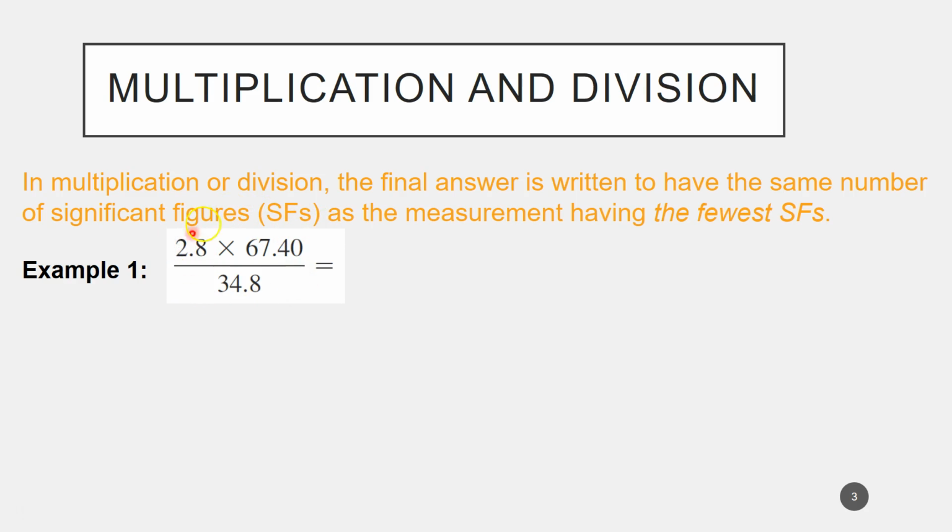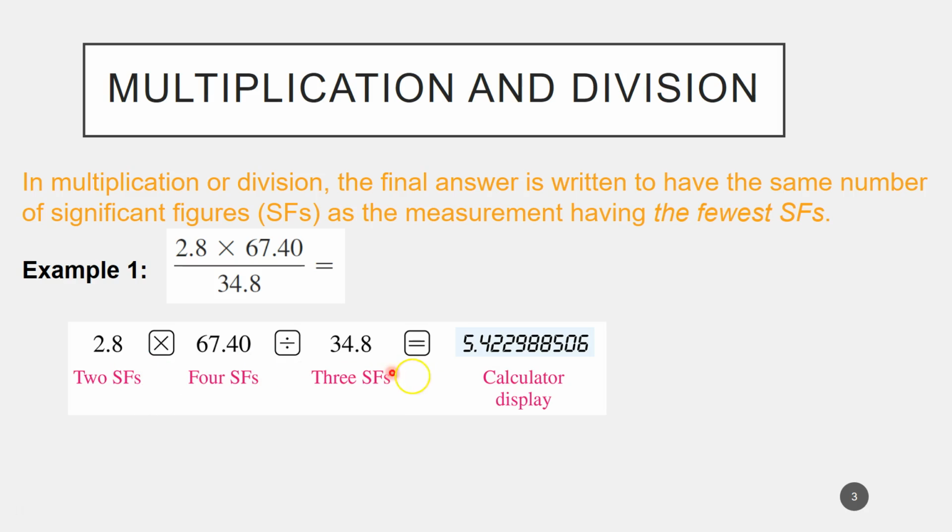We are considering that all of these values are measured values. So we have 2.8 multiplied by 67.40 divided by 34.8. When I put this into my calculator, I will get this answer, 5.422988506.